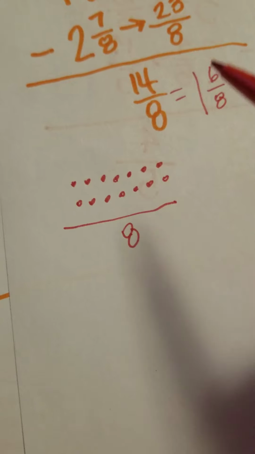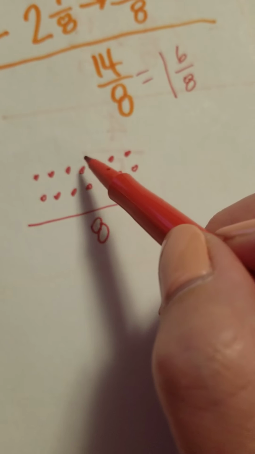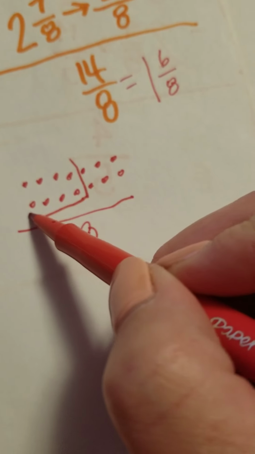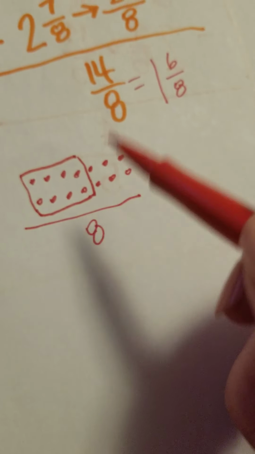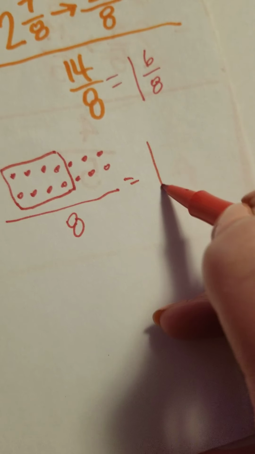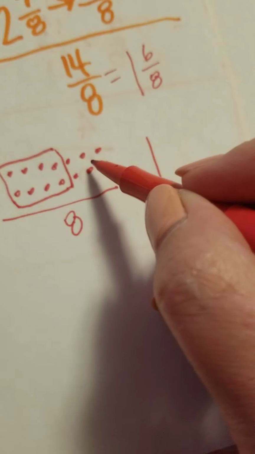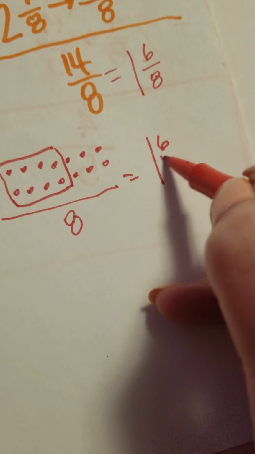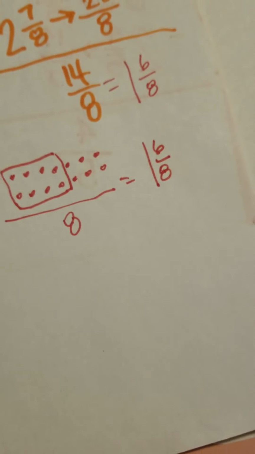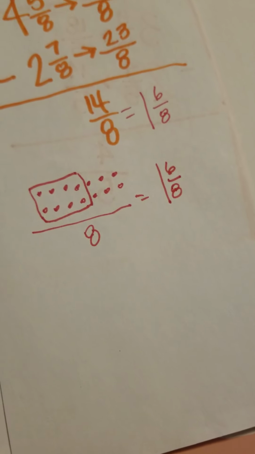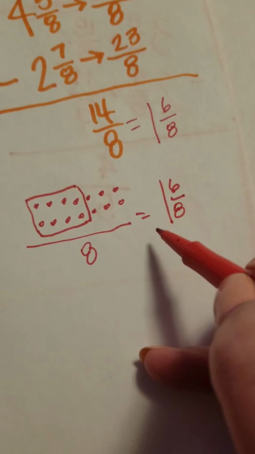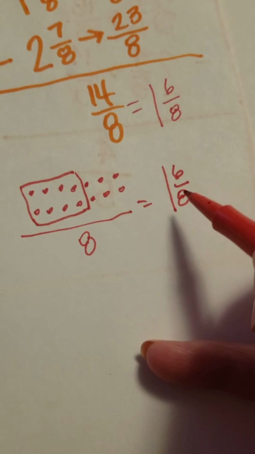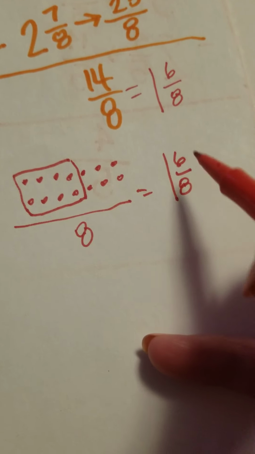This tells me how many to circle off at a time, so I'm going to circle off 8. So I had one circled group with 1, 2, 3, 4, 5, 6 left over, and 8 is my denominator. So 1 6/8 is the answer for that. They don't have to reduce that any farther. I mean, if they wanted to, it's 1 3/4, but they don't have to do that.